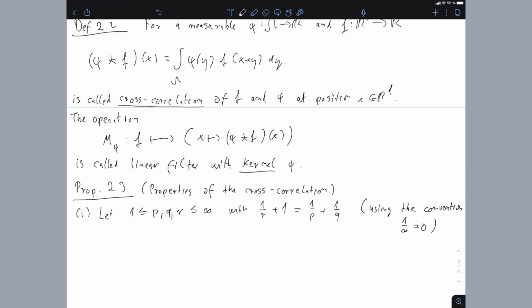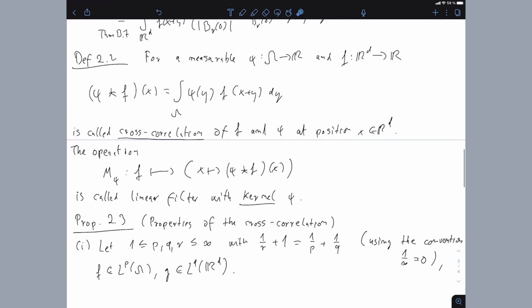And if we now have f in L^p, g in L^q, here we need to pay attention that at least at the moment these two objects are defined on different domains.